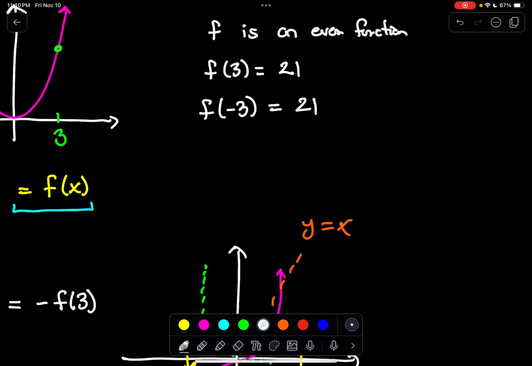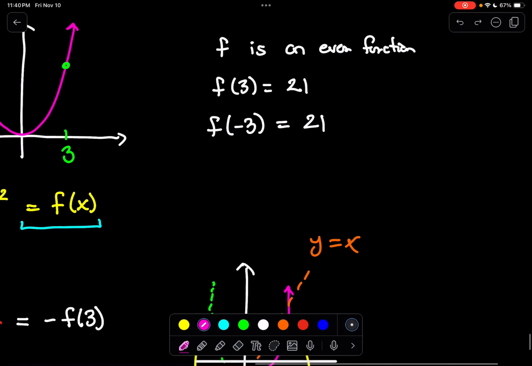You don't need to know anything about the function, what the function is, or how to evaluate it at negative 3. Because you already know this is an even function, you can immediately spit out this information, which is really nice. You get to do half the work. You get 2 answers for the price of 1. And that's something that's really useful.